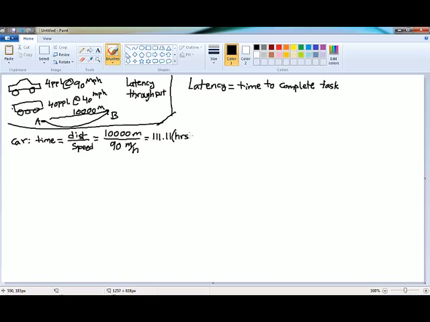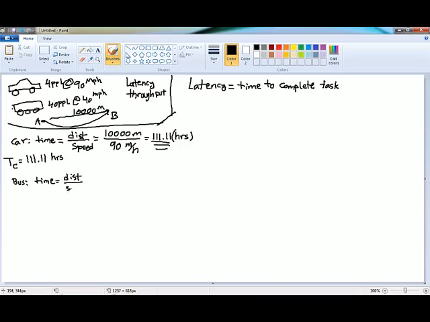Notice that the unit of operation here is in terms of hours. So the latency of the car, which I denote as T sub C, is 111.11 hours.